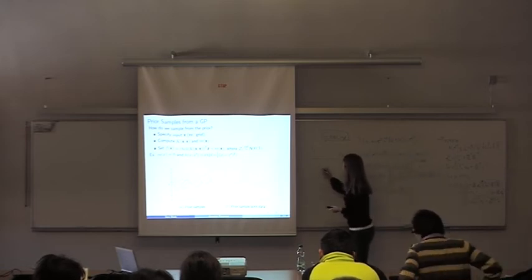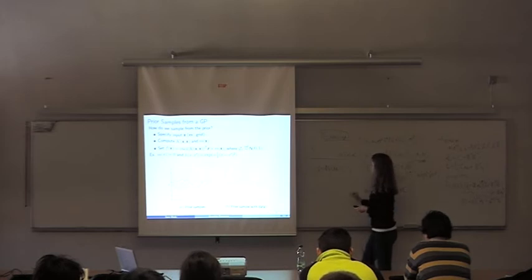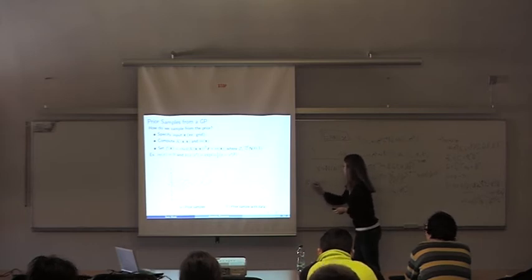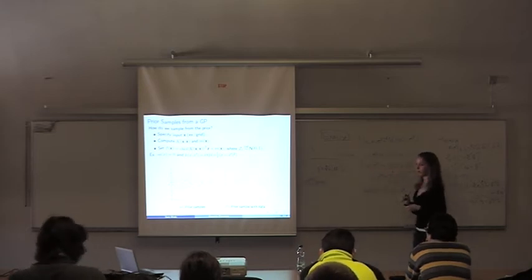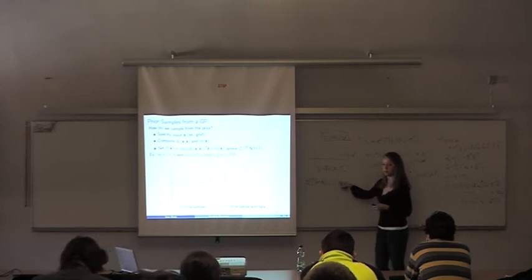In general, if X is, say, a multivariate normal with mean mu and variance sigma, then X minus mu, scaled by the inverse of sigma to the power of 1/2, is equal to Z, where these are standard normal.